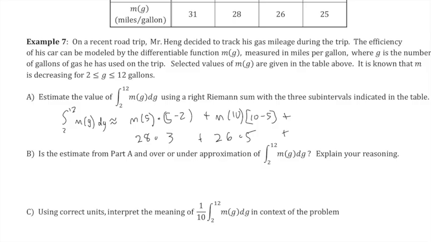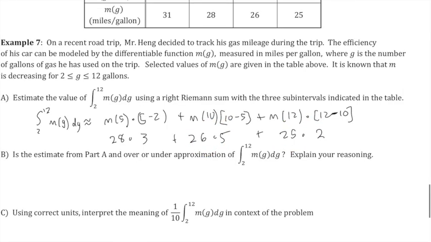We're going to use m of 12 to decide the height, which is going to be 25, and again, times the width, which is going to be 12 minus 10. So we have 84 plus 130 plus 50, and that should be 264.